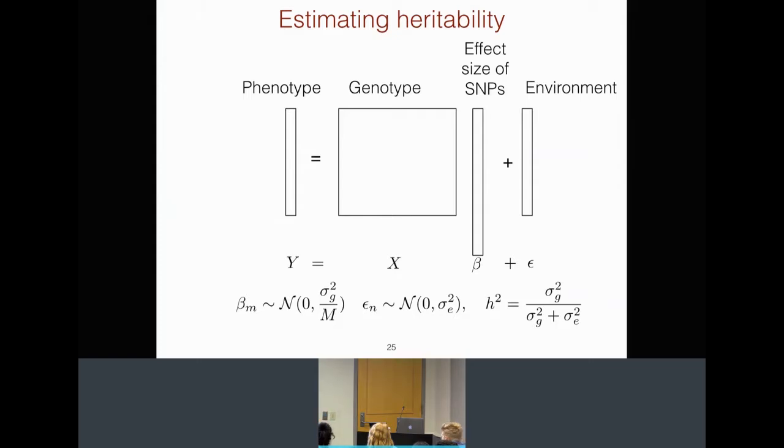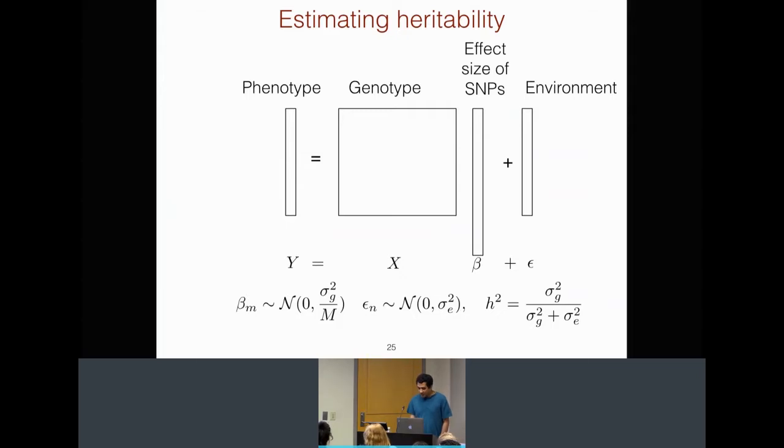So you can think of sigma g squared as the effect size variance associated with a SNP, and sigma e squared is the variance associated with the environment. And for those of you who worked in non-genetic contexts, you can think of heritability as a measure of signal to noise. So signal is the proportion of variance that's explained by the features, and noise is everything that's not explained.